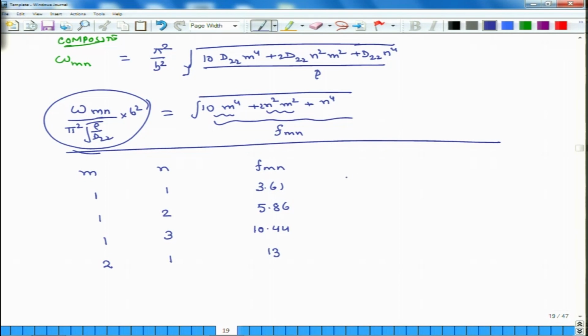Now, what is the mode shape? So, mode shape will be sin pi x over a sine pi y over b, right, and a and b are same in this case.